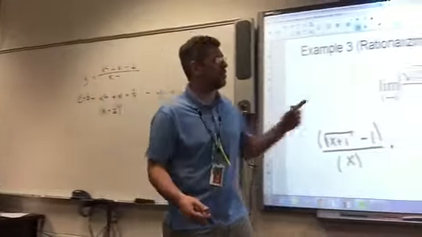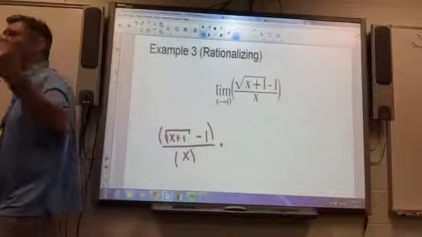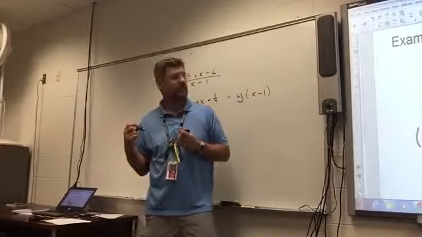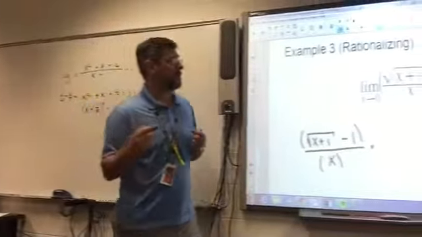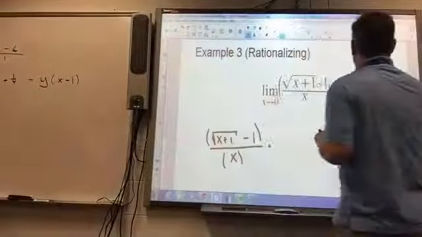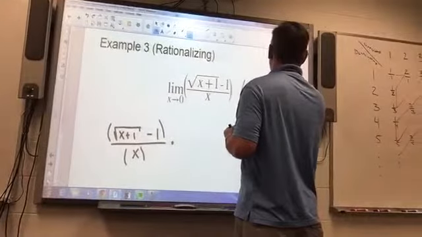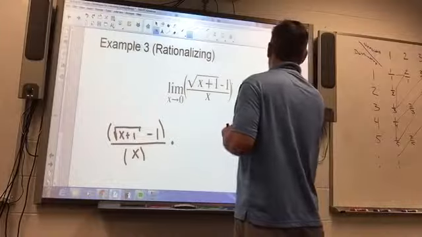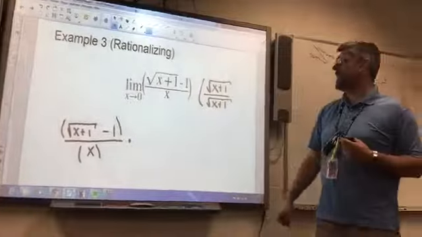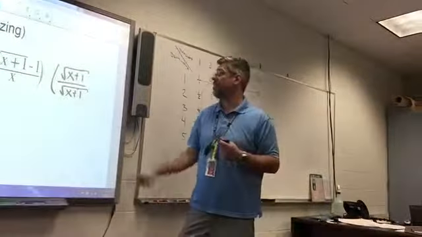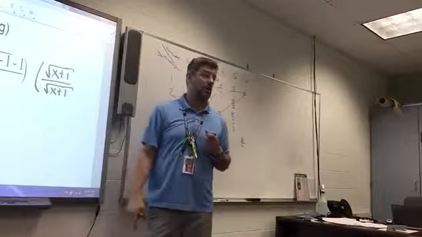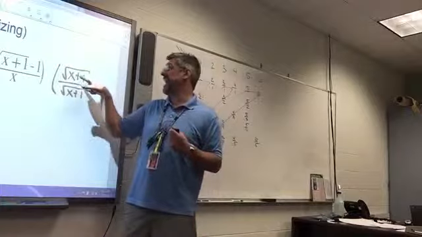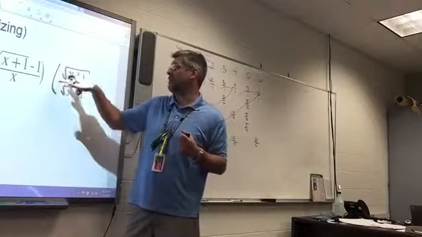What do I want to multiply this fraction by in order to rationalize the numerator? If I multiply this by the square root of x plus 1 over the square root of x plus 1, what do I get in the numerator?